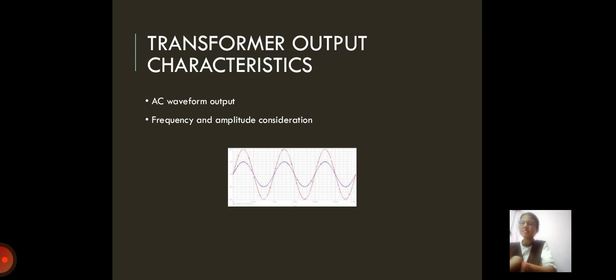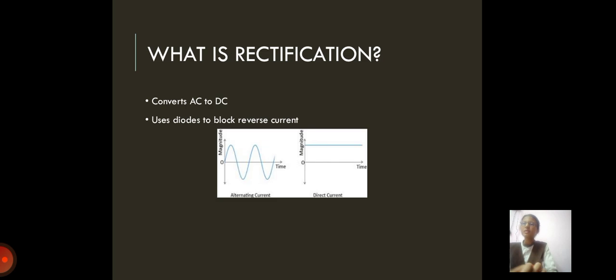And the next step in the rectification process is the rectifier. Rectification means AC to DC conversion. Here we use diodes to block the reverse current. This is the sinusoidal output which we have given. We will get direct current in the rectification process.